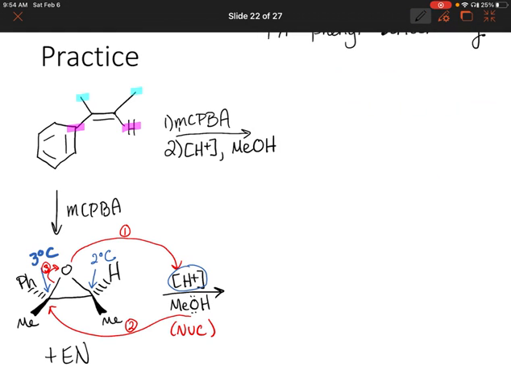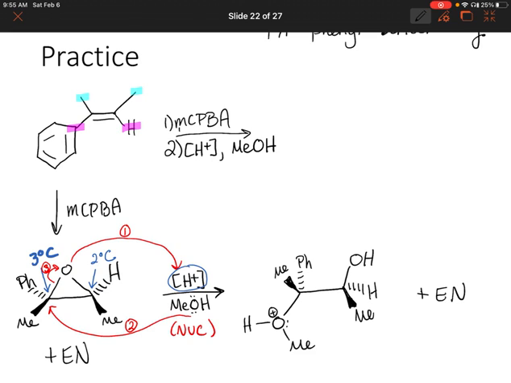All right, so now we have our nucleophile bonding to the tertiary carbon, and then our alcohol group is opposite that. And then we're just going to draw in our wedges and dashes for each carbon. And remember, we also have the enantiomer for this structure as well.